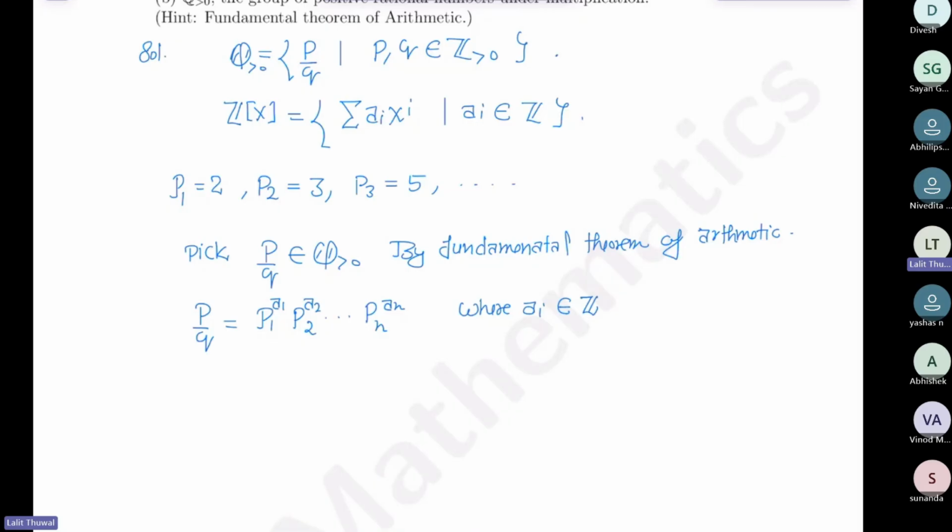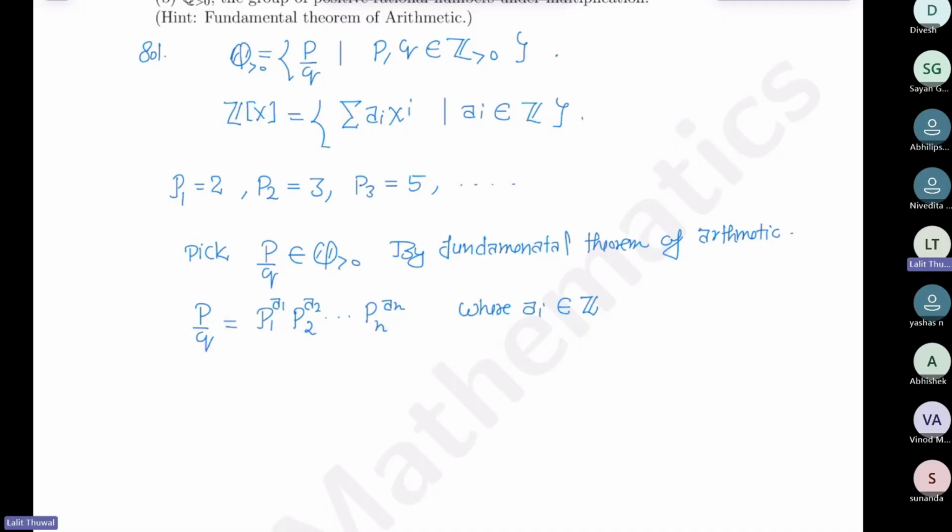You can do it. AI may be negative also. Okay, so you factorize P, you factorize Q, then take all the prime powers in the numerator, you get this.